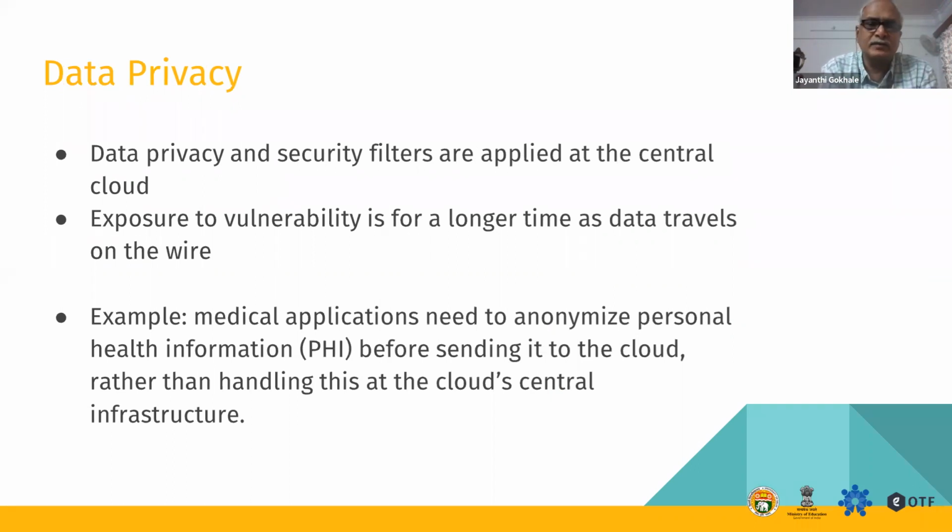For example, you have got some medical data, and if this particular medical data has to be uploaded to my central servers, it has to be anonymized, right? I probably cannot have my personal details set up as part of this information. So I have to anonymize, and that activity has to be done through a small filter which I apply at the central cloud infrastructure just before I store this information.